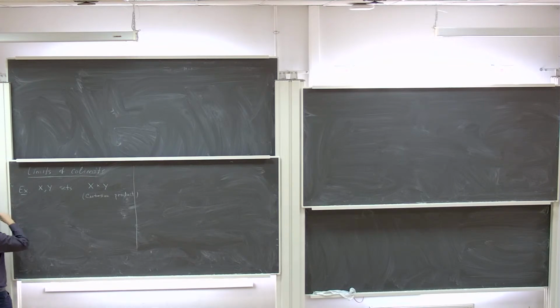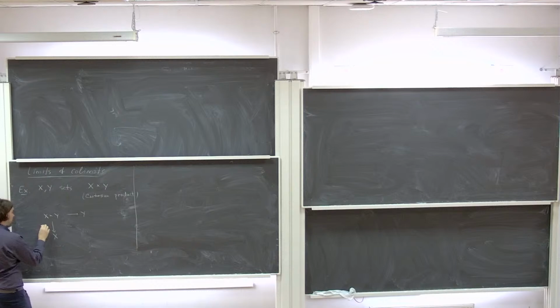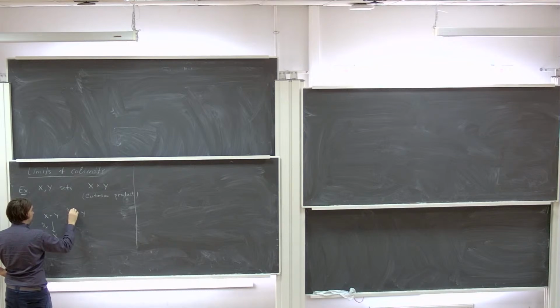And this product comes with two maps, projection to the x factor and projection to the y factor, which I'll call maybe pi x and pi y.